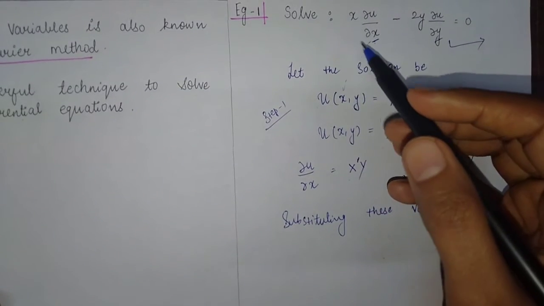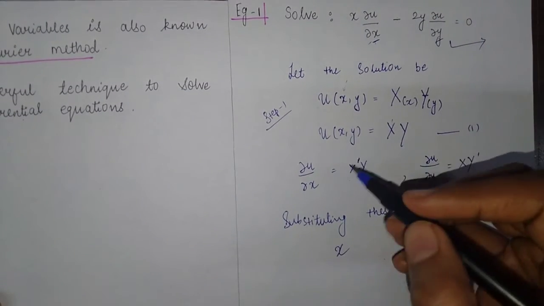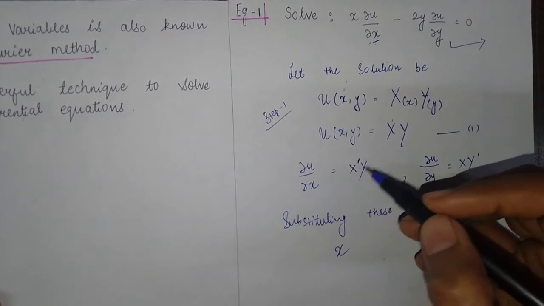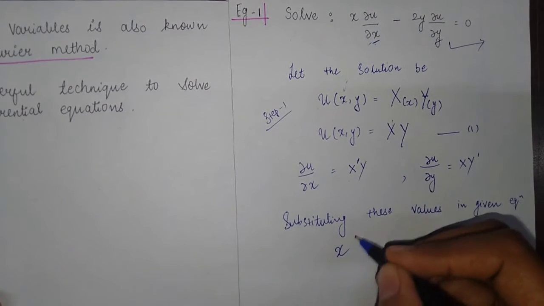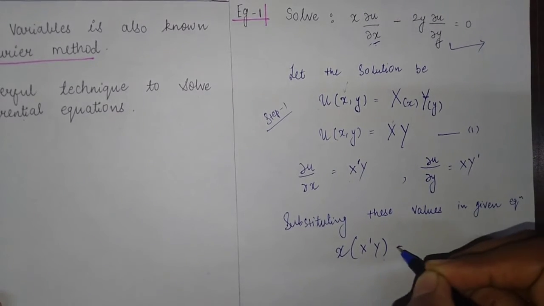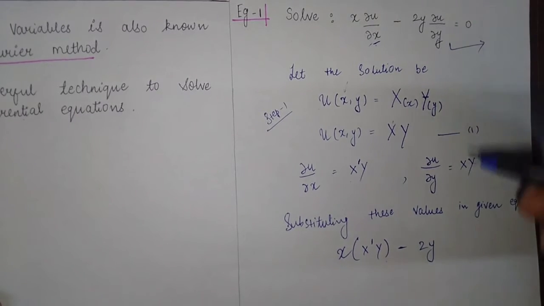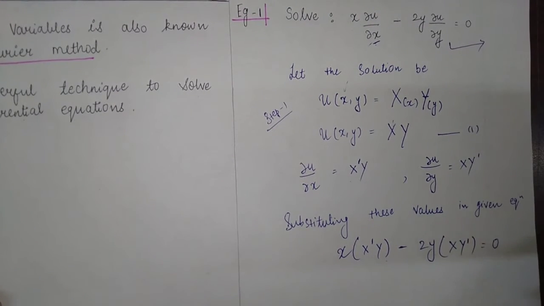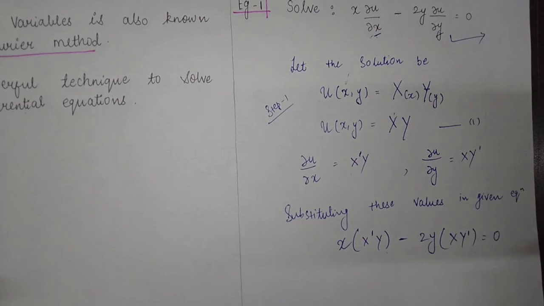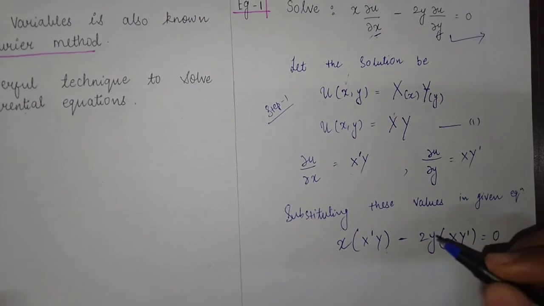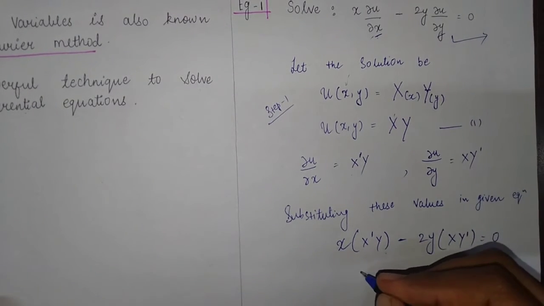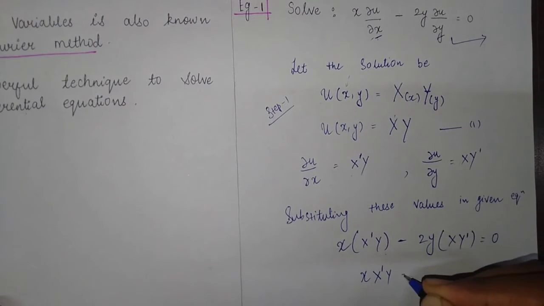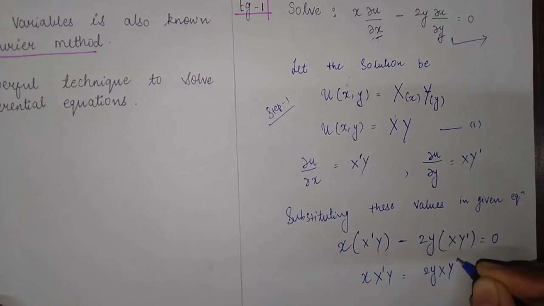What is the given equation? x into del u by del x, but del u by del x is X dash Y, so we write x X dash Y minus 2y into del u by del y, in place of which we can write X Y dash, equal to 0. Now if I take the y term to this side, then we get x into X dash Y equal to 2y into X Y dash.